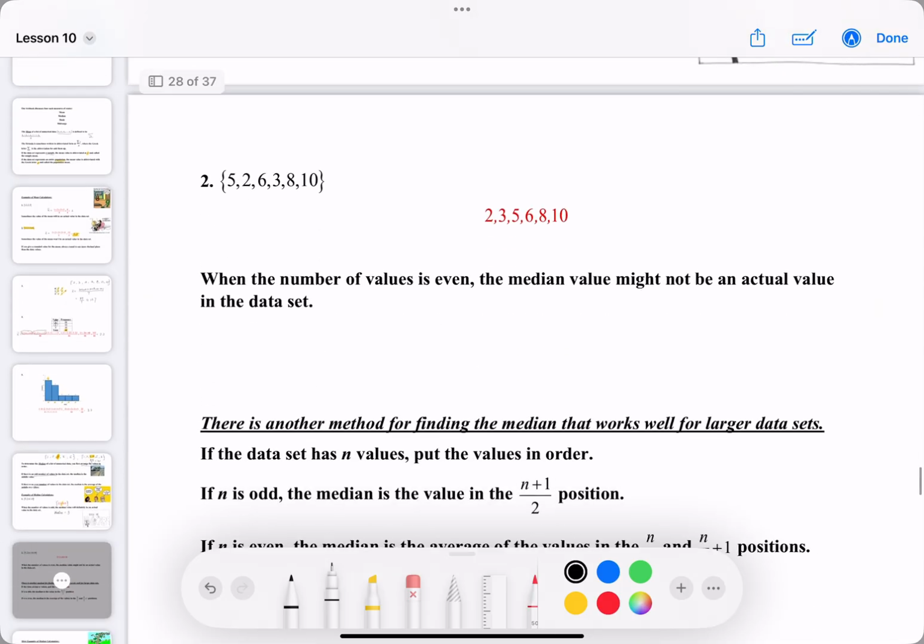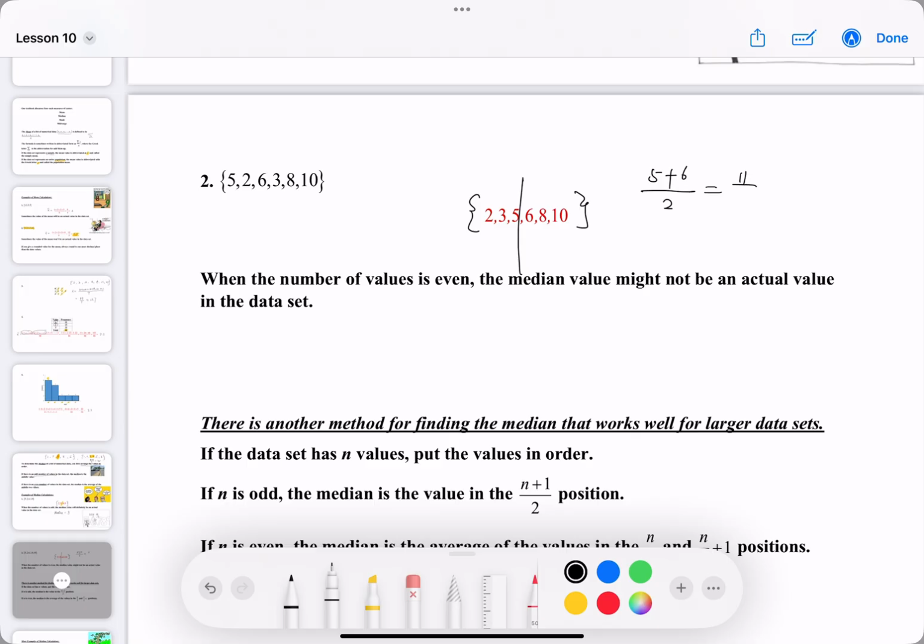Okay, let's see the next example. We have 6 numbers. Let's rearrange first: 2, 3, 5, 6, 8, 10. If I cut it in half, you see, the first part has 3 numbers and the last part has 3 numbers. We don't have a middle number to balance this data set, but we are going to find the average of the two middle numbers, 5 and 6, and then divide by 2.